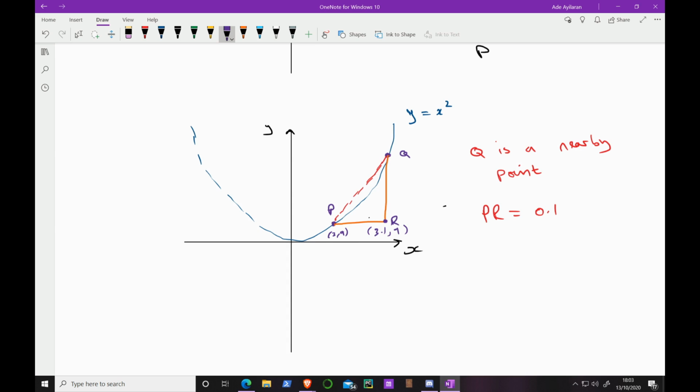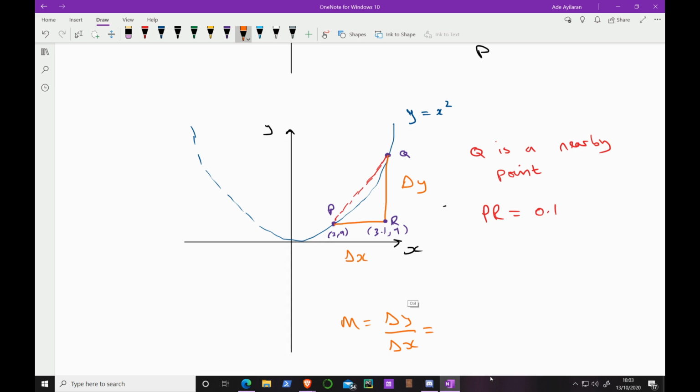So our gradient is changing y over changing x. So what would our change in y be? What line would our change in y be?